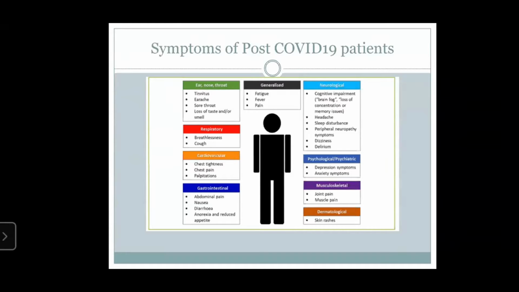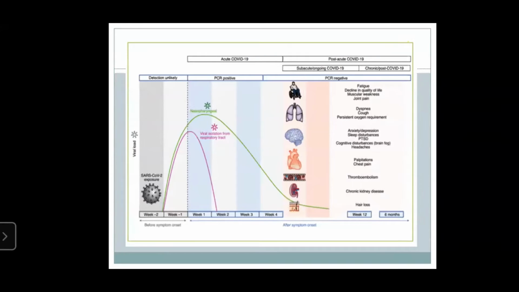Okay. As you can see here, this is a picture showing the timeline of post-acute COVID-19. And we can see that the acute COVID-19 usually lasts until 4 weeks from the onset of symptoms, and at this phase, replication competent SARS-CoV-2 has not been isolated.